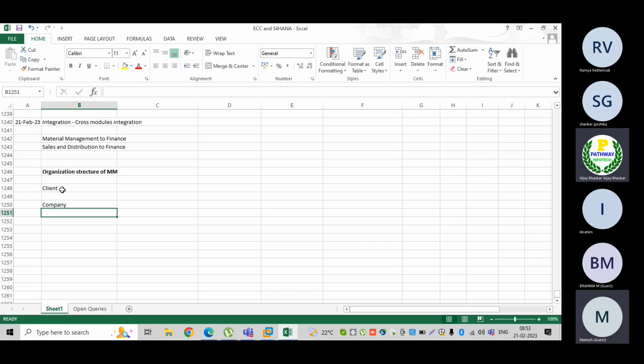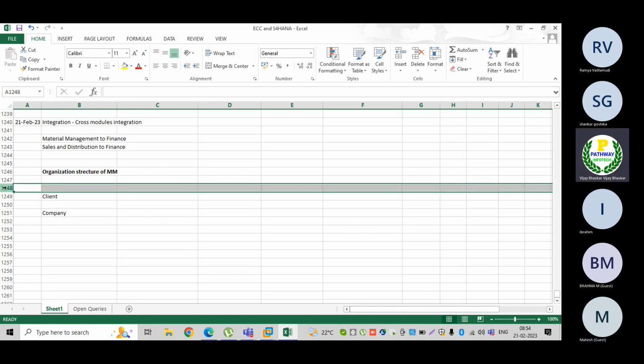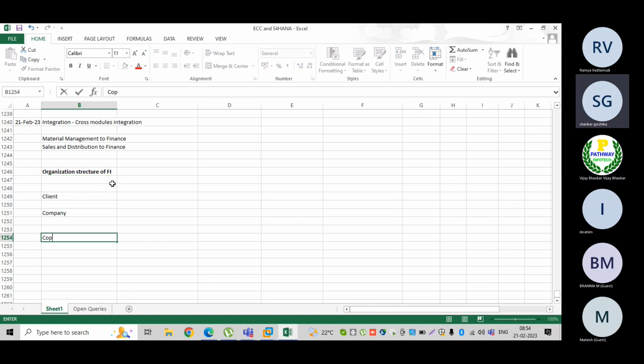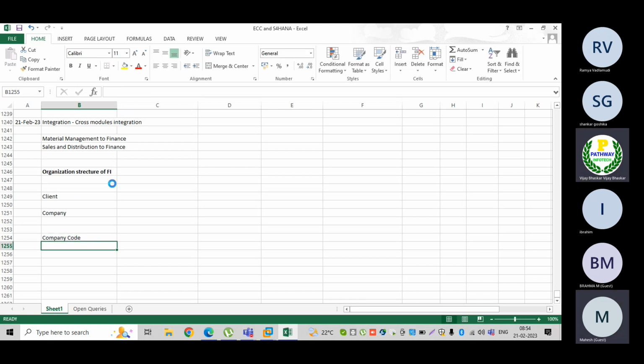Company. Yes, good. I think company. First, let me put it here. This is not the organization structure of that, this is the organization structure of FI. Okay, then client. Yes, really good. Company, I think company code. Yes, exactly, exactly, yes, Mahesh.